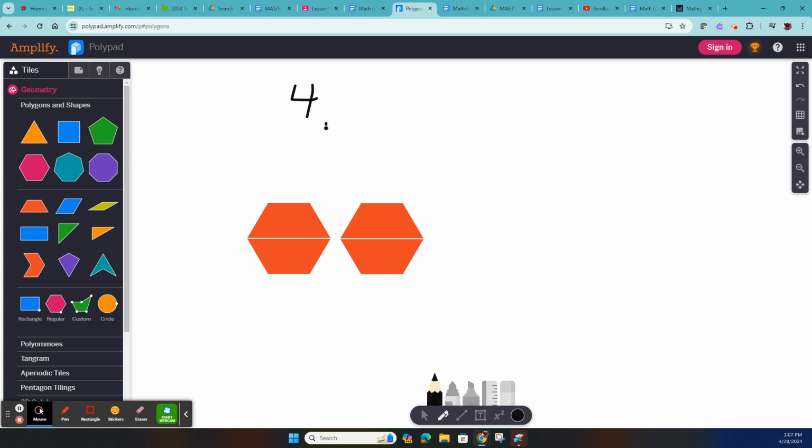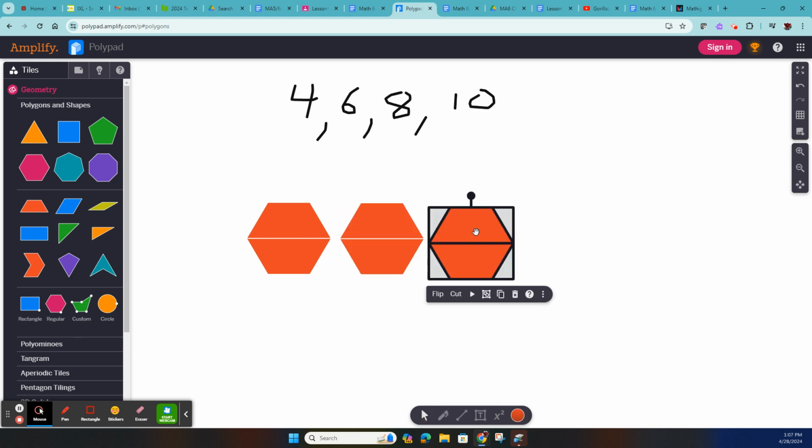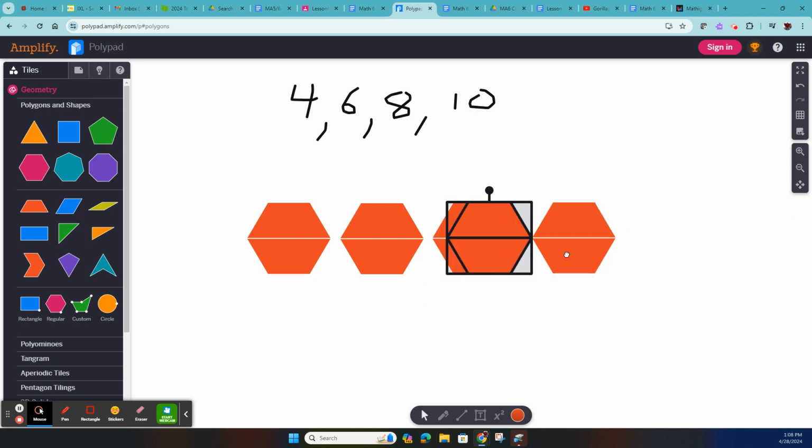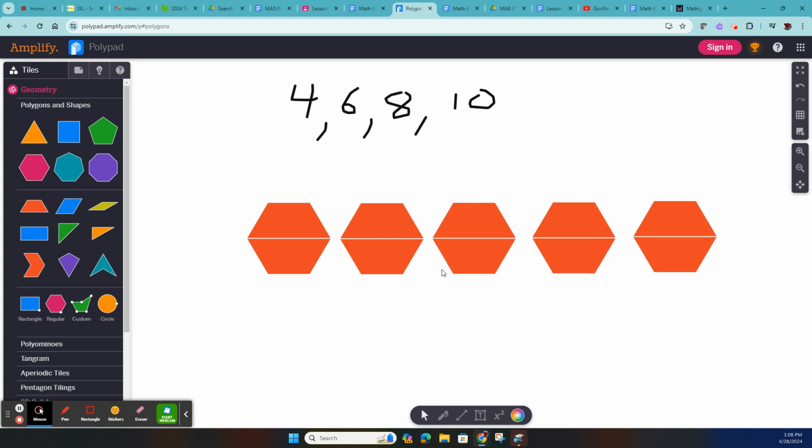Same thing with any of these even numbers, right? If they said, give me 10 half circles, I know that's going to give me a whole number. I've got 1, 2, 3, 4, 5 whole numbers because each of those halves combine.